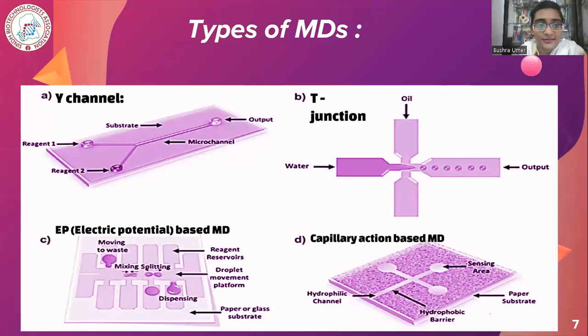So these are a few types of microfluidic devices. Number one is the Y channel. As we can see, it is Y shaped, and we use this kind of microfluidic device when we need to separate two different components.